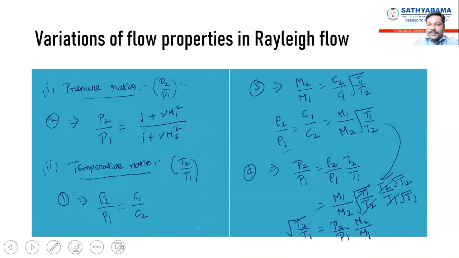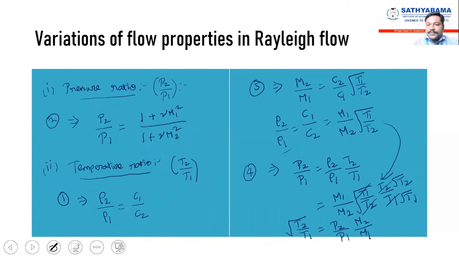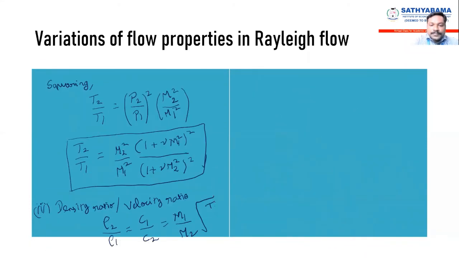Which is nothing but, from equation number 5, square root of T1 by T2. You know T2 by T1, you just substitute this T2 by T1 here. So rho 2 by rho 1 or C1 by C2 becomes what?